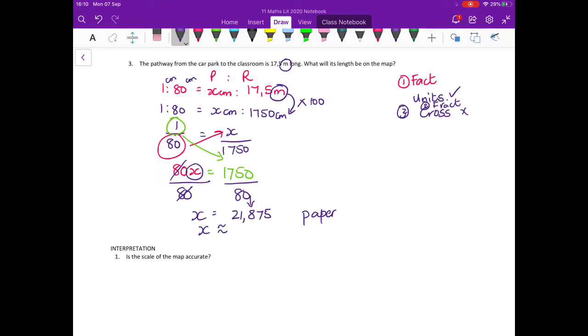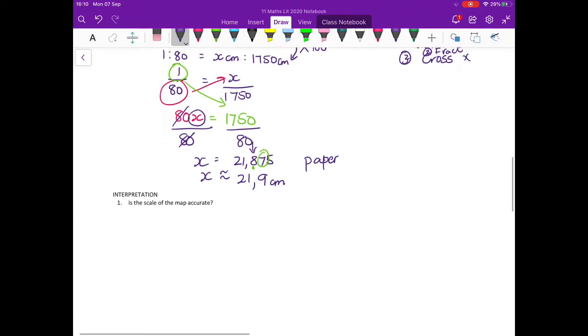I look at the neighbor, 5 or more, I have to add 1 on there. So it will be 9,4 centimeters, which I can draw on my paper. I can't really draw a fraction of a millimeter.